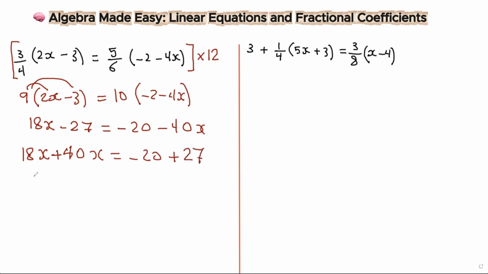Now 18x plus 40x is 58x equals 7. Now divide everything by 58, and you get x equals 7 over 58.